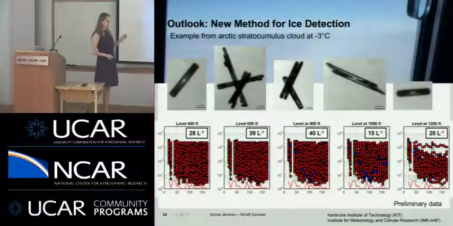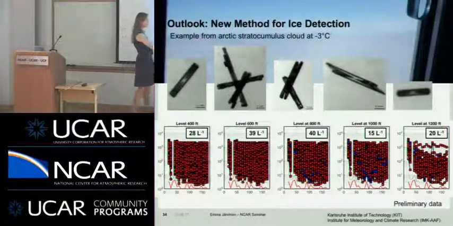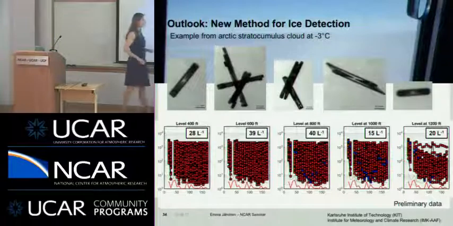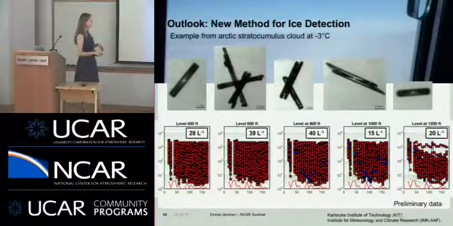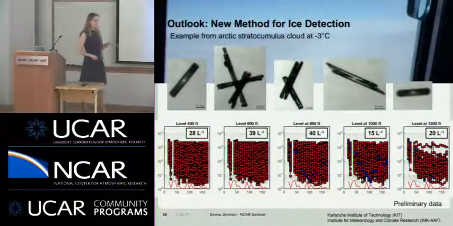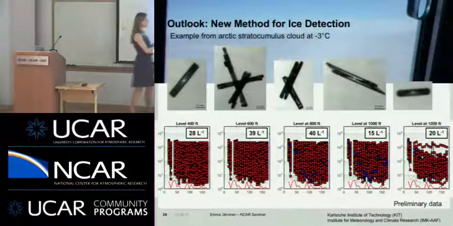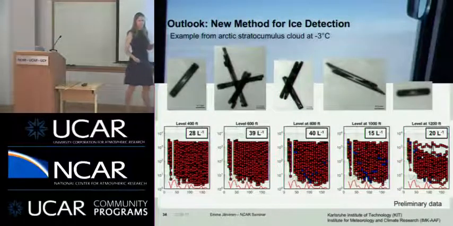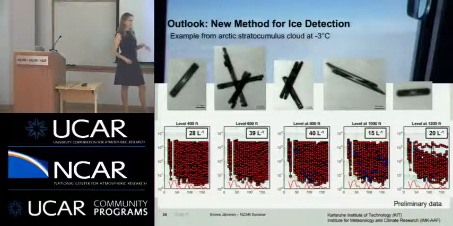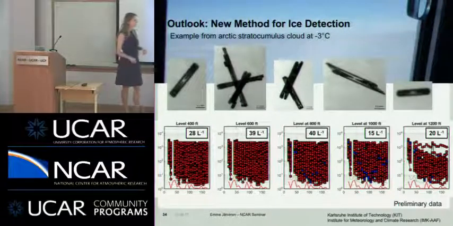But now, because we are not just measuring the biggest particles, but also really small ice particles down to 10 micrometers, we get much higher ice particle concentrations. And indeed, for example at the top levels of the clouds, the scattering phase functions have a lower intensity. So we really do have a lot of small ice particles in these clouds that we have maybe previously missed because we couldn't detect them.